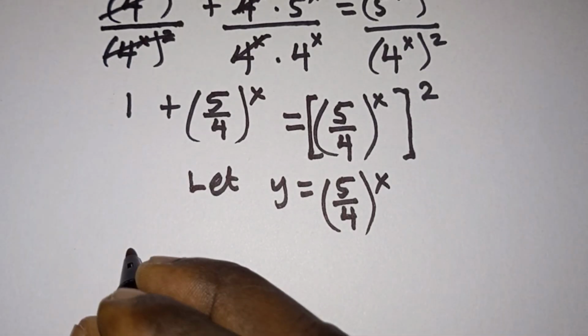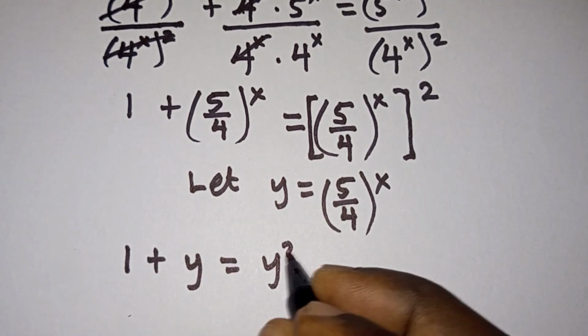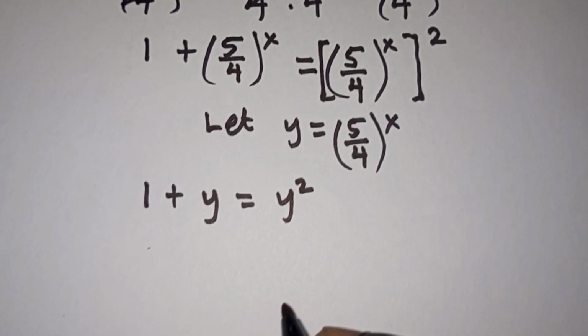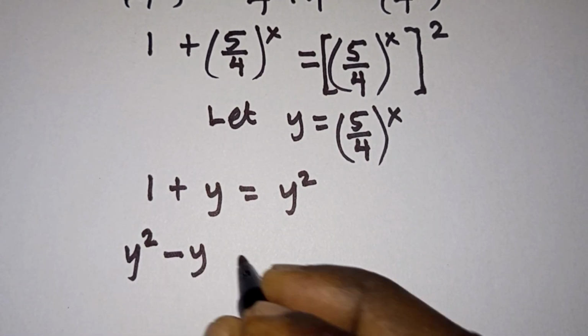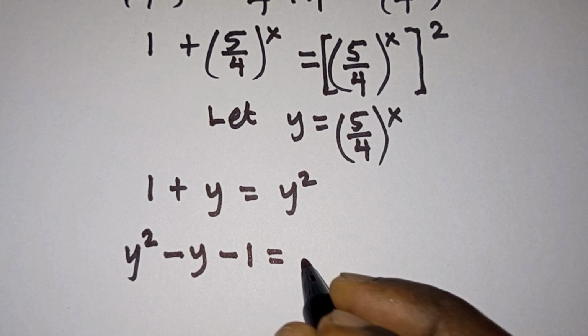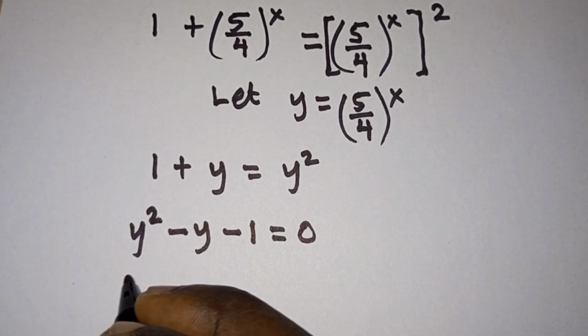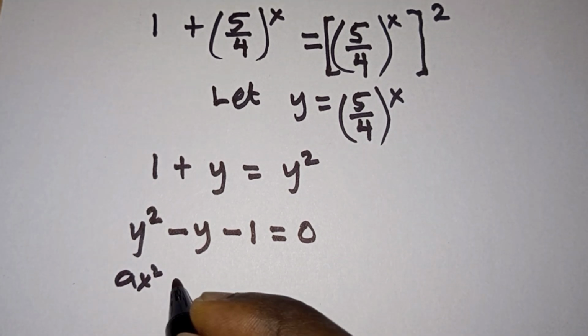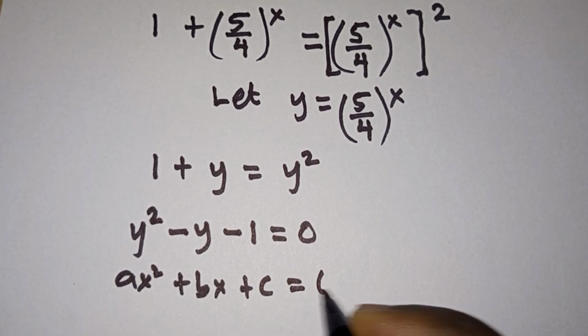So the equation now becomes 1 plus y is equal to y squared. Let's equate everything to 0. So you have y squared minus y minus 1 is equal to 0. And this is a quadratic equation of the form ax squared plus bx plus c is equal to 0.